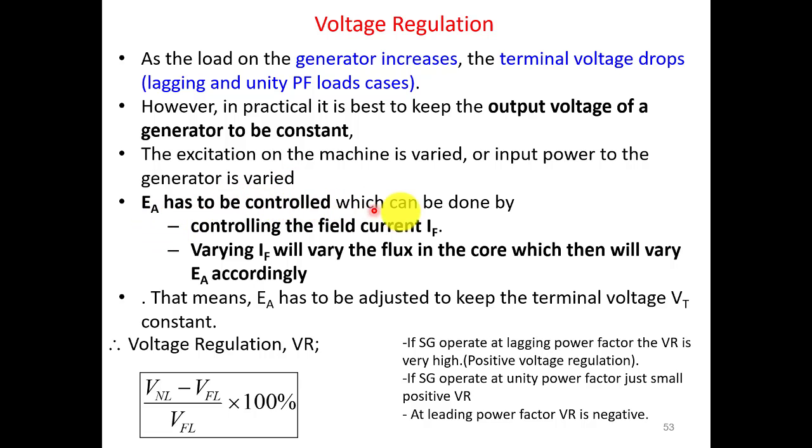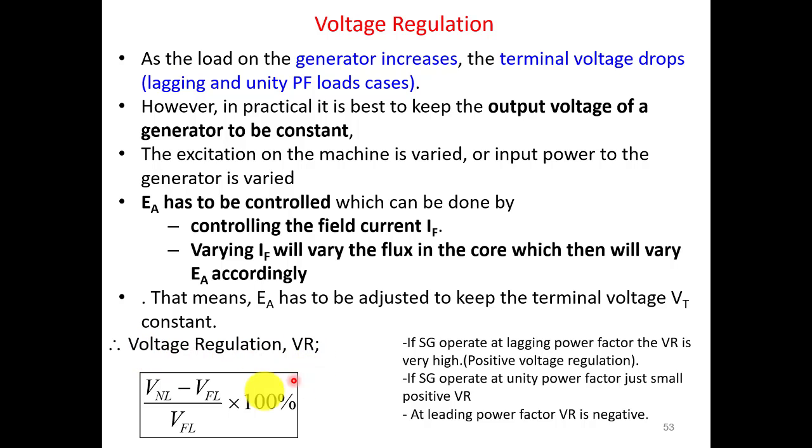So EA has to be controlled, which can be done by controlling the field current IF, since varying IF will vary the flux in the core, which will then vary the EA accordingly. So it means that EA has to be adjusted to keep the terminal voltage constant. And obviously, for adjusting the EA, we have to change the field current accordingly.